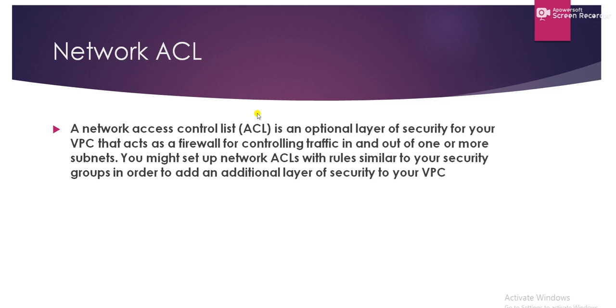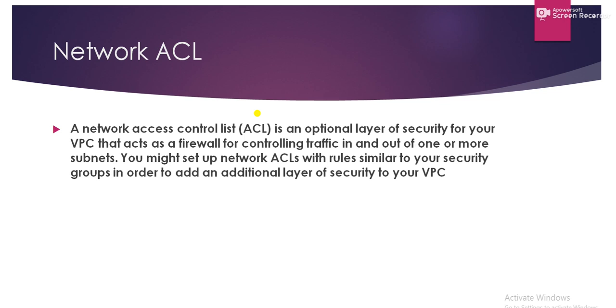Then the network ACL, network access control list. A network access control list is an optional layer of security for your VPC that acts as a firewall for controlling traffic in and out of one or more subnets. You might be aware that there are two kinds of security: one is instance or server level security, and the other is the network ACL.